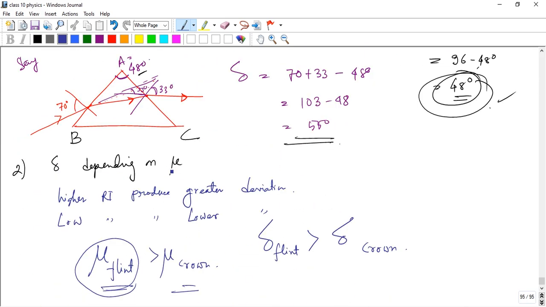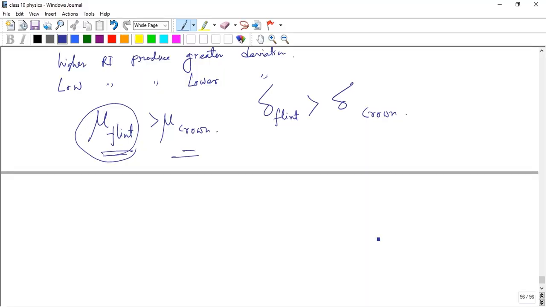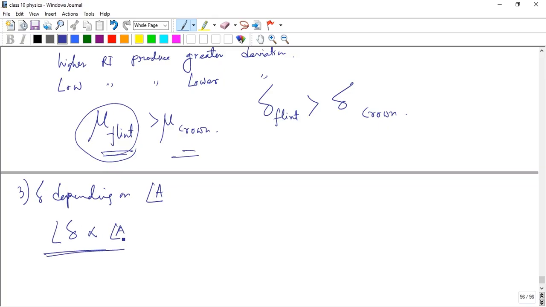Delta depends on angle A. Delta increases with an increase in angle of prism. If A increases, delta increases, so delta is directly proportional to angle A. When the angle increases, delta also increases.